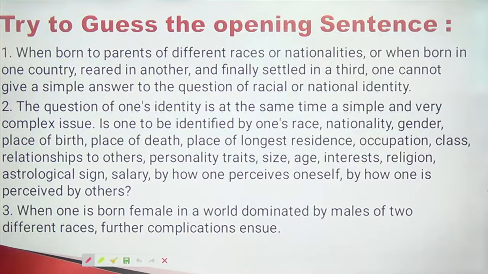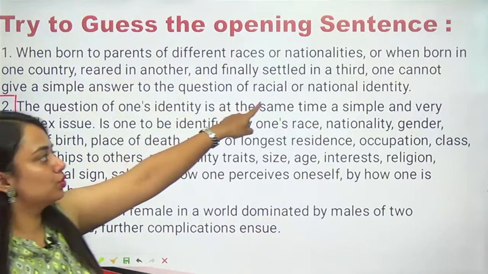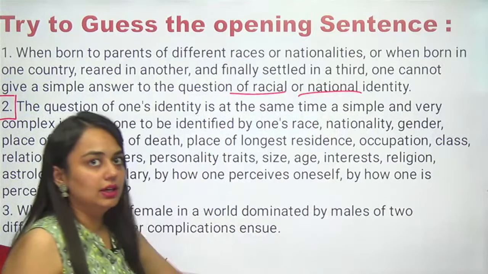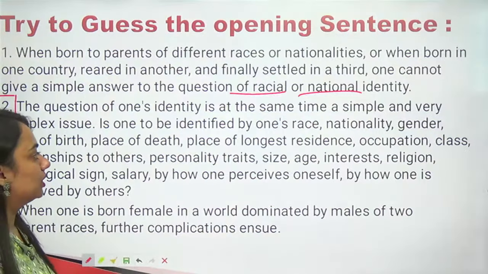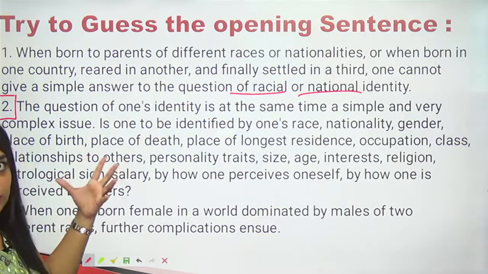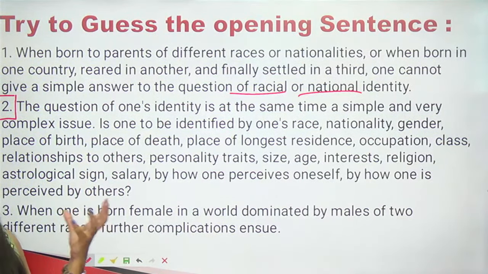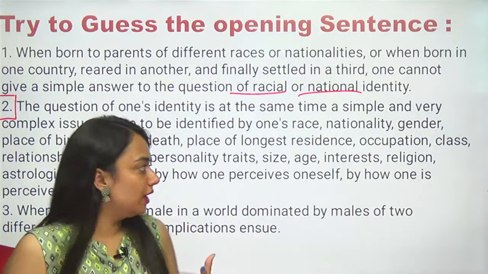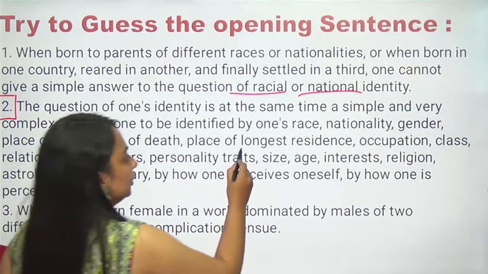So if you can notice this, this also is sounding like the opening line, but in the earlier one just two issues were addressed. It was racial and national identity. But in this line, if you can see, the thing being talked about is how people get confused about their identity, how it becomes difficult for them to identify themselves because of different reasons.